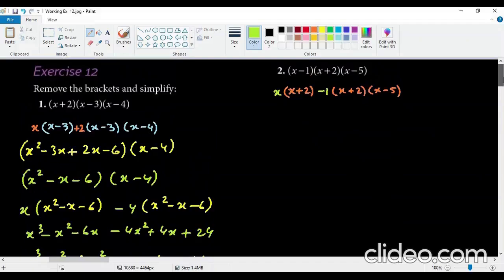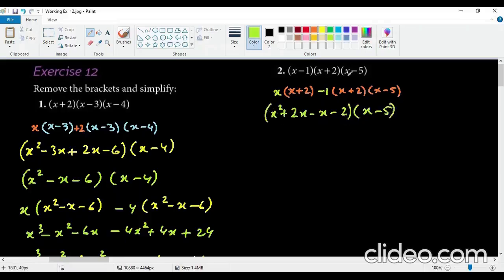Taking you to the next question. In here, x is multiplied by x plus 2 first, and then minus 1 is going to be multiplied by x plus 2 once again. So first one is going to give you x square plus 2x minus x, and minus plus is a minus. 2 is going to be multiplied by x minus 5, like this.